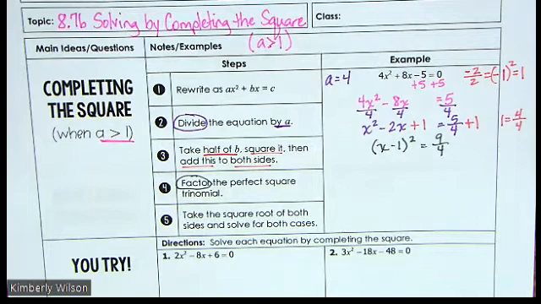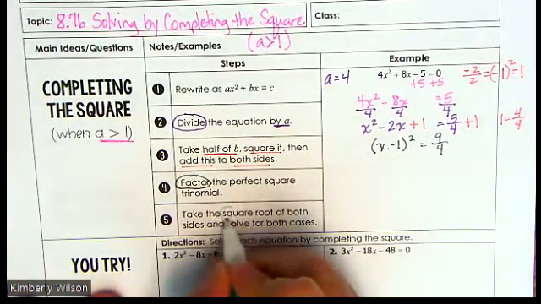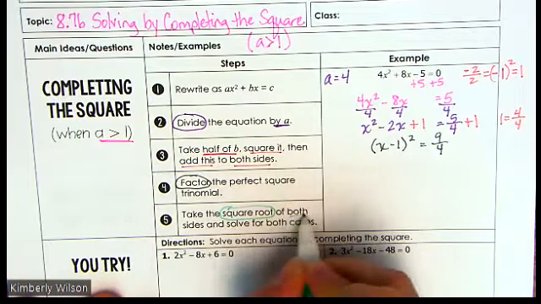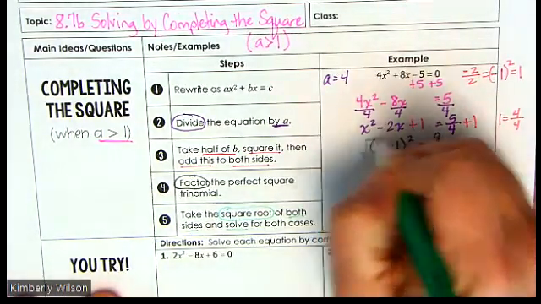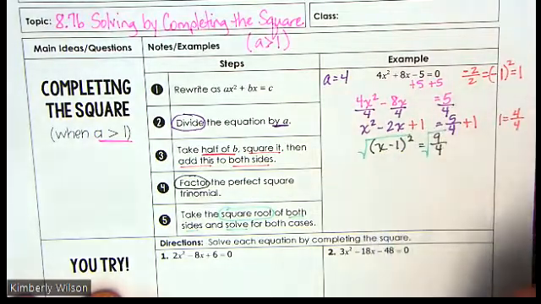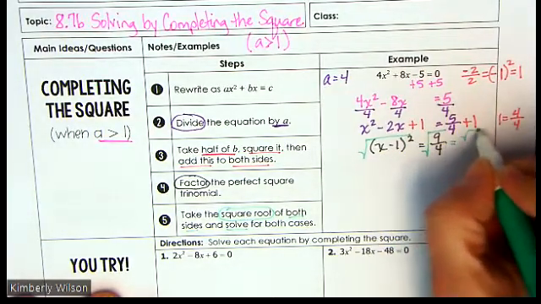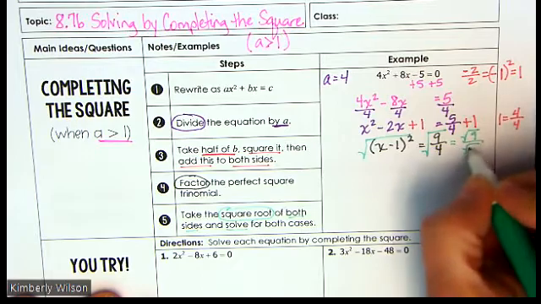Now you should start to notice 9 and 4 are perfect squares in itself. So just remember that when we're working through this. So now we take the square root of both sides and solve. Remember, this is the same as the square root of 9 over the square root of 4.